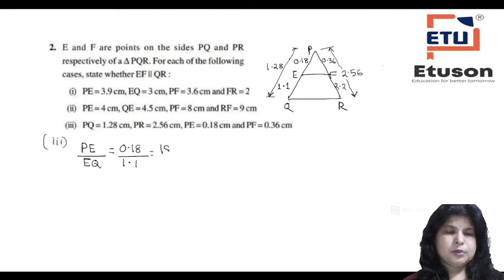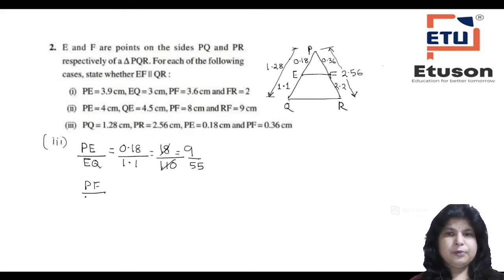So multiplying 100 you will get 18 divided by 110, and your ratio will be equal to 9 divided by 55, correct?